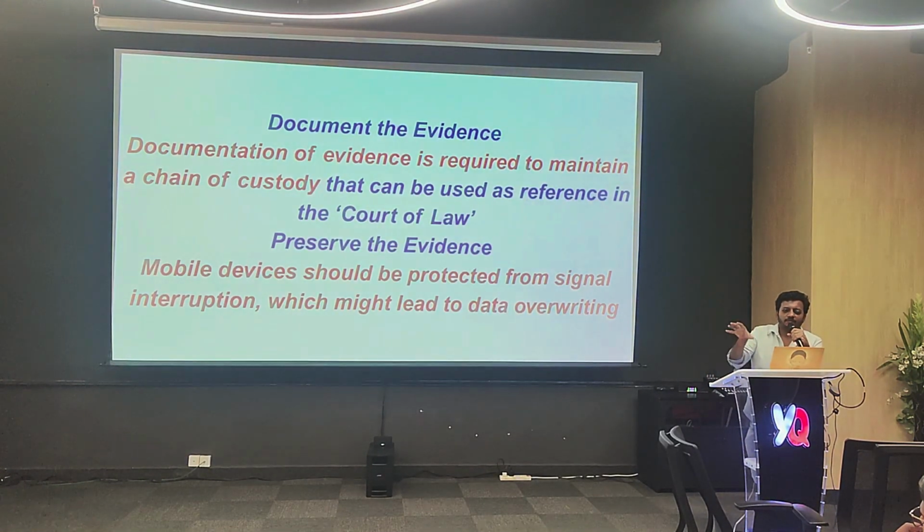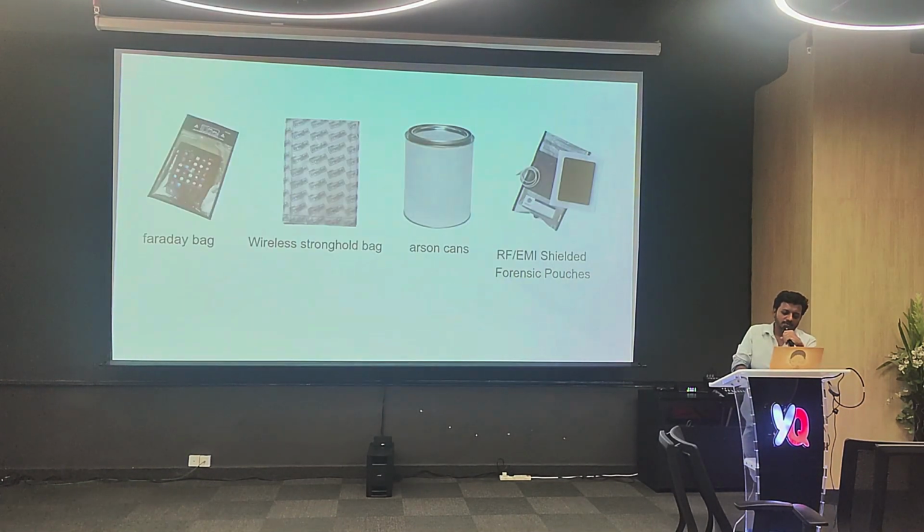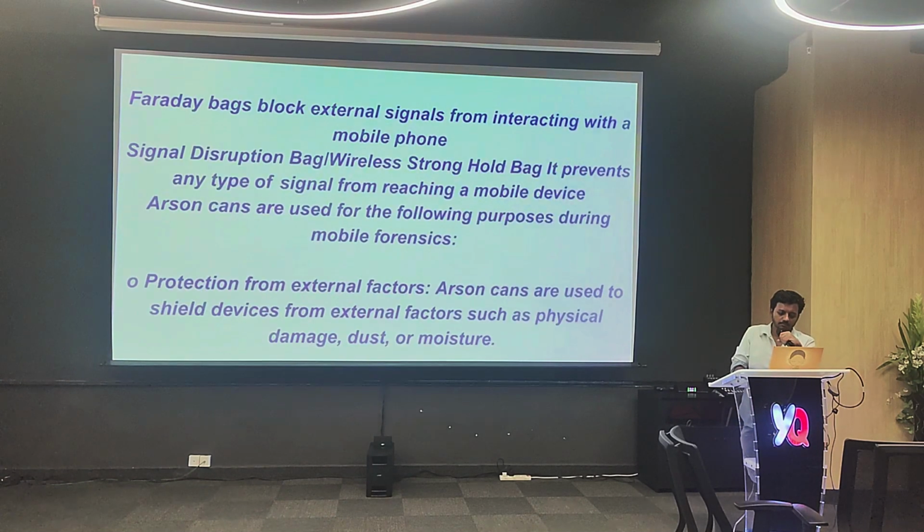So when you send that pulse to a target device, it won't work. Those kinds of things also affect forensic devices, so we have to protect them from those factors too. You can use a Faraday bag, wireless storage bag, Astron cans, and other things to protect from unwanted waves.